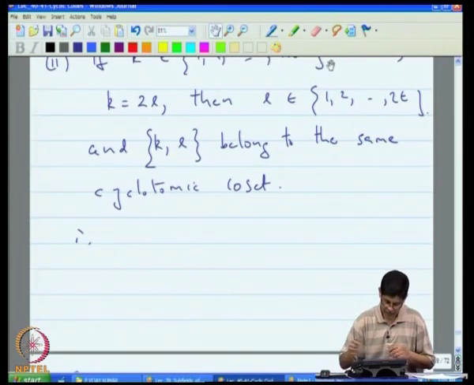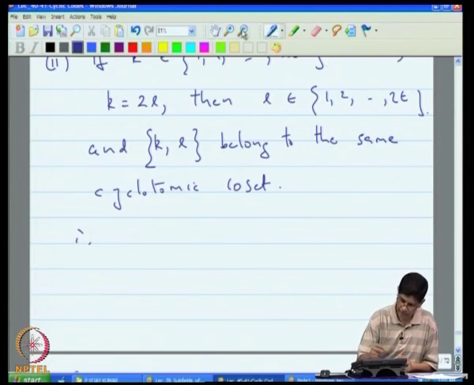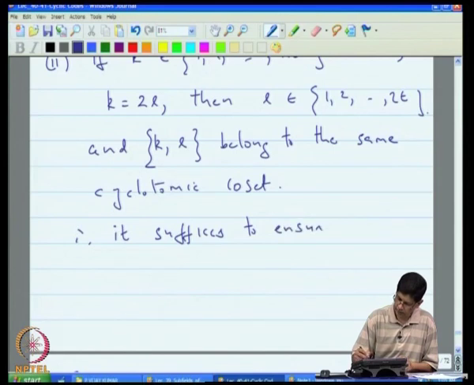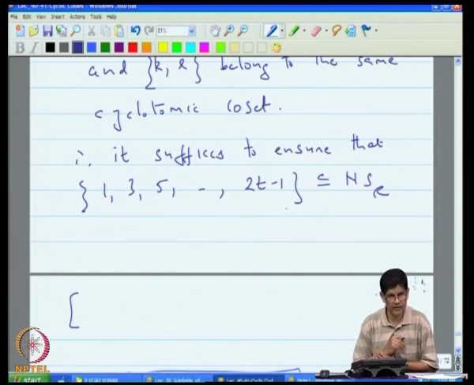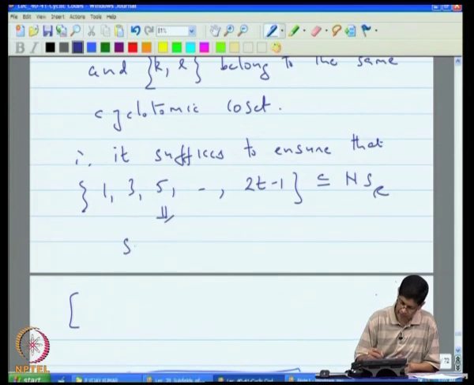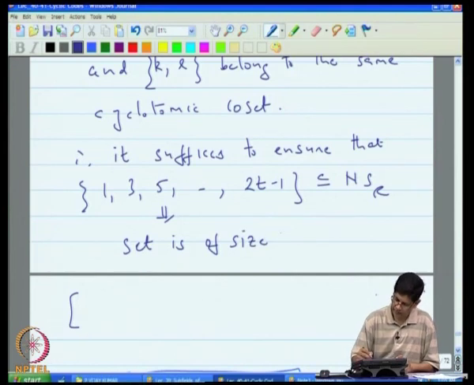Therefore, it suffices to ensure that 1, 3, 5, all the way to 2t minus 1, are a subset of the null spectrum of the code. But the number of these is only t.